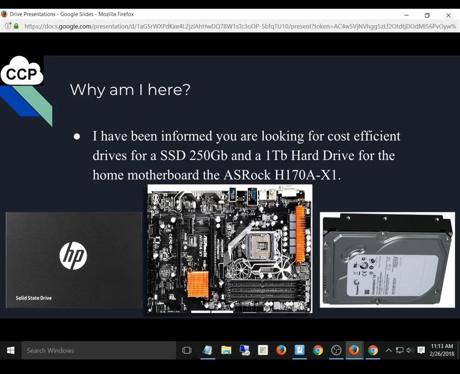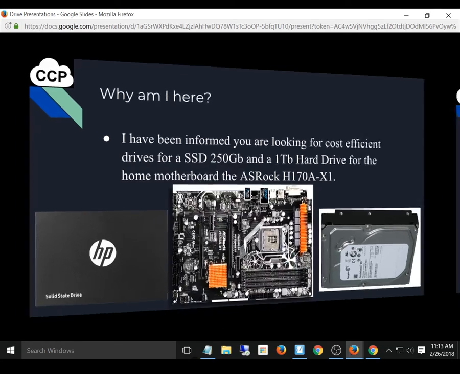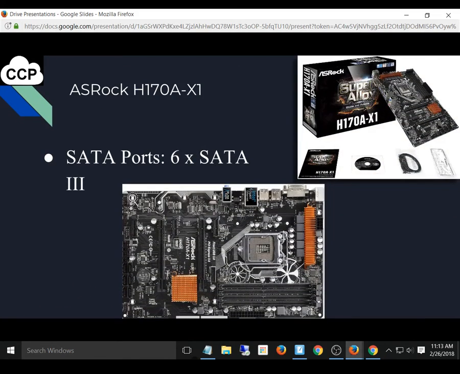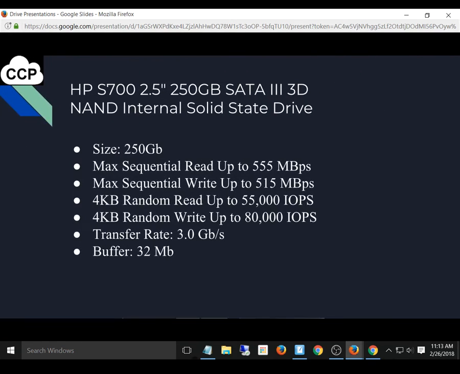Well, moving forward, the ASRock motherboard takes SATA ports, 6 times SATA 3. And the HP S700's size is 250 gigabytes.